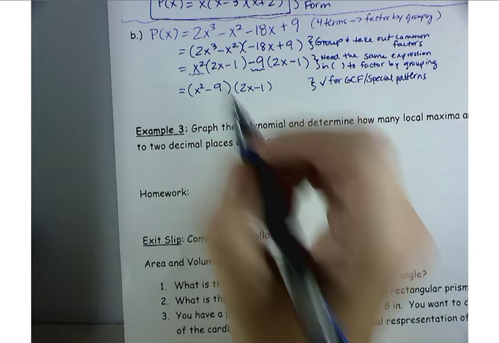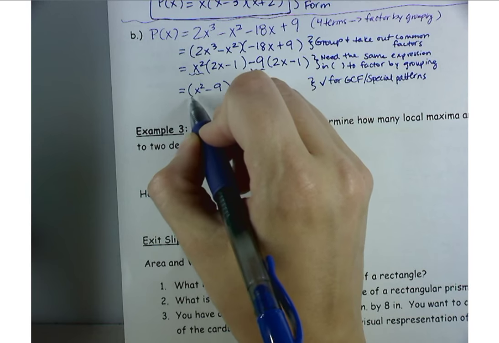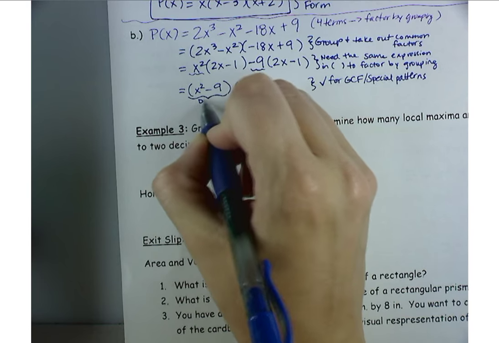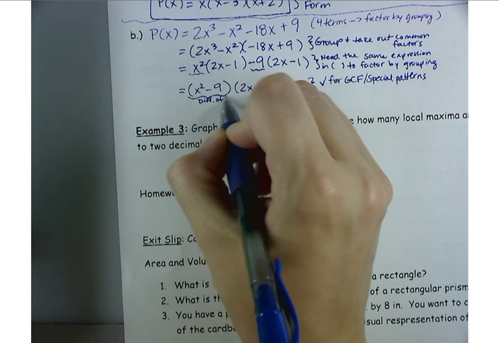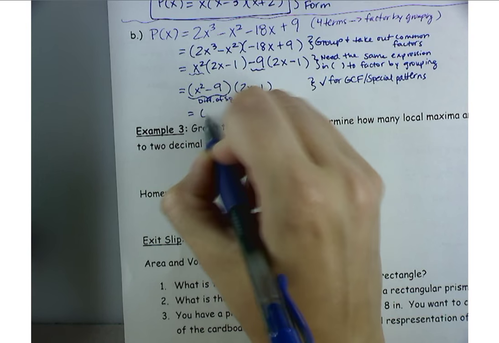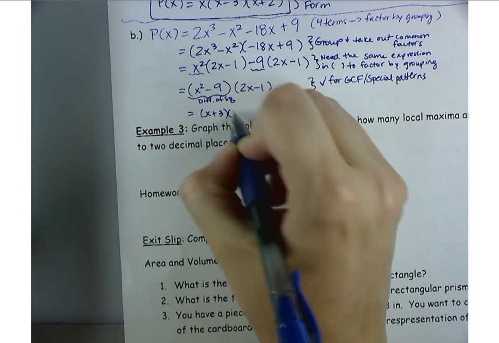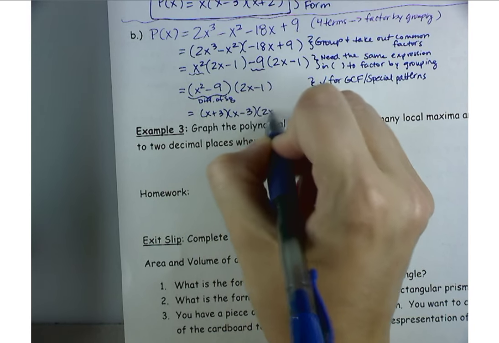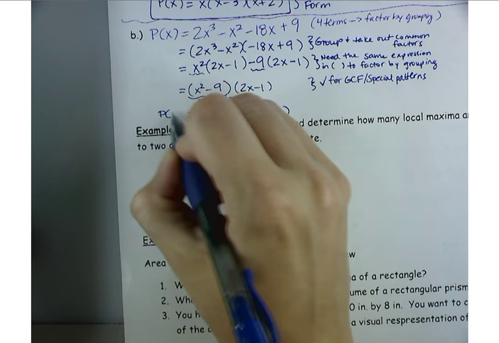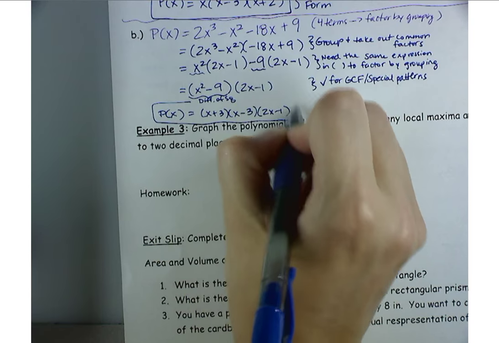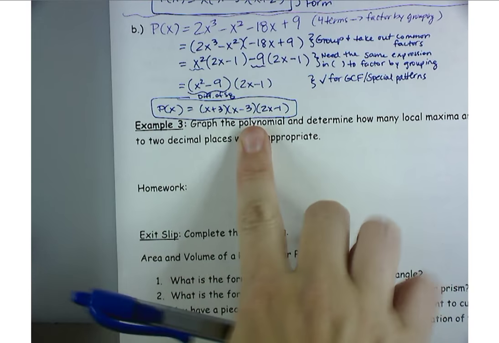X squared minus 9 can be broken down into x plus 3 times x minus 3. Good, so this is the difference of squares. So we can break that down into x plus 3 times x minus 3 times 2x minus 1, and that is your p of x. So this is your factored form.